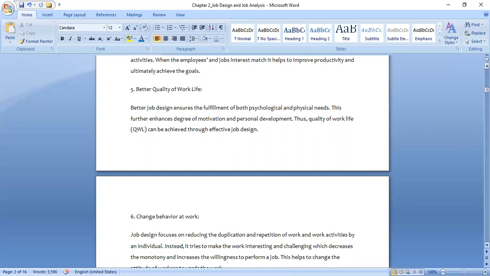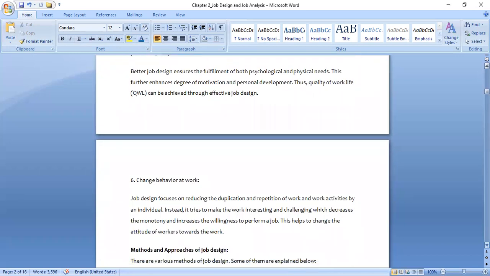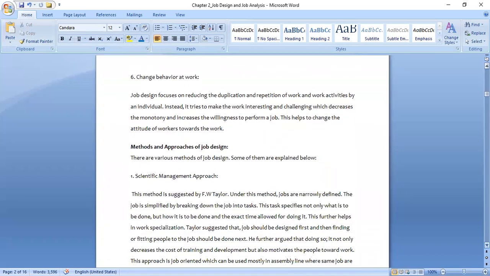It also helps to bring about better quality of work life, in a way that workers, given that they know about their job, get psychological fulfillment and fulfillment of their physical needs.